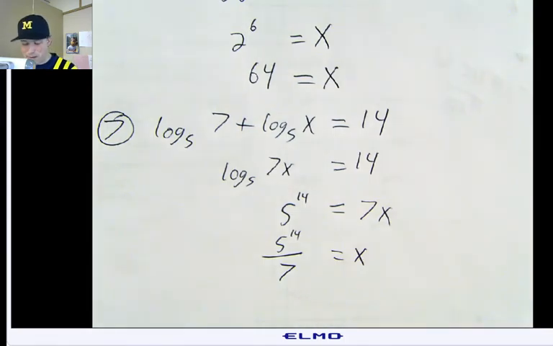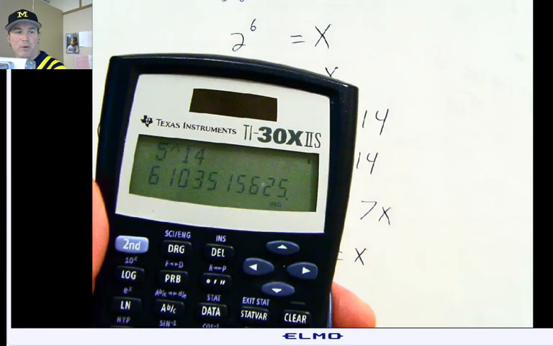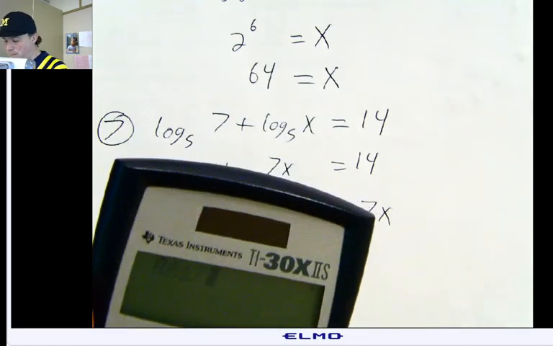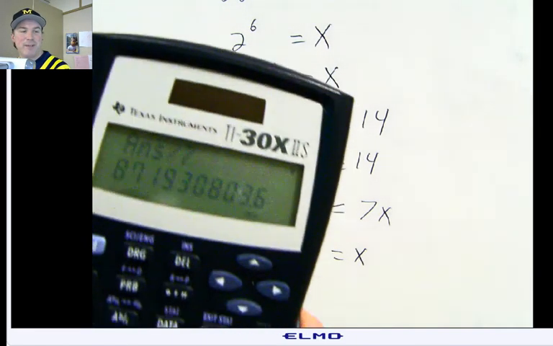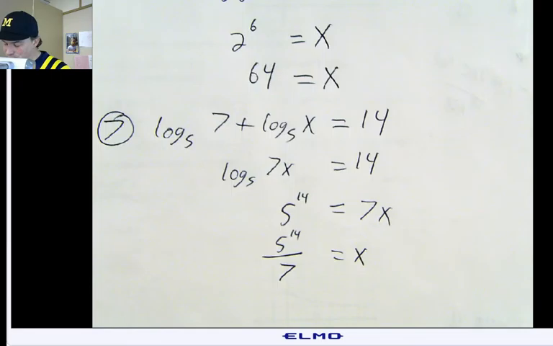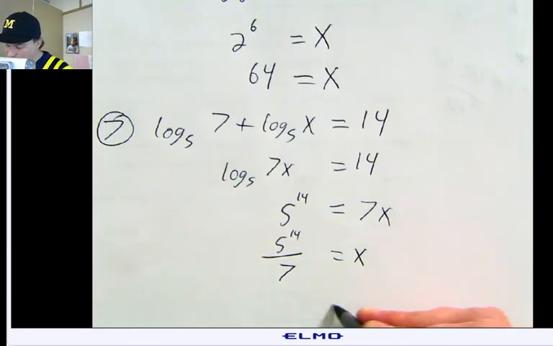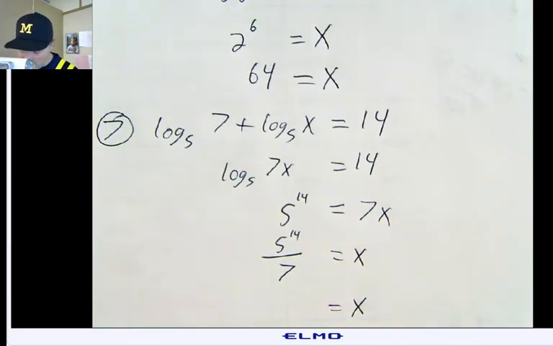I got a feeling my calculator is not going to want to do 5 to the 14. Oh, it did. 5 to the 14 gave me this big old number. And if I divide that by 7, there's no way it's going to divide evenly, will it? No, it did not divide evenly. So to keep the exactness, I'm just going to go back to my 5 to the 14.